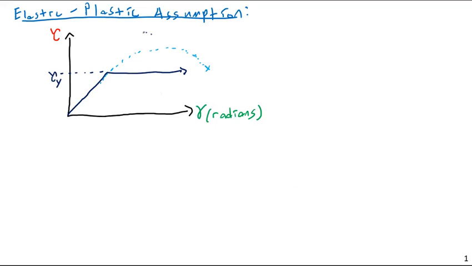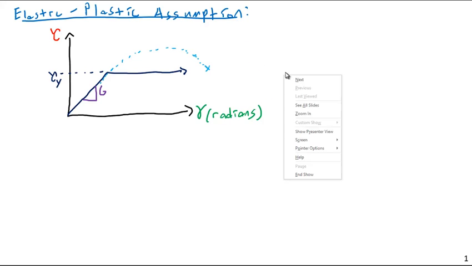At first it may seem, how can you possibly assume this? But you have to remember that this is greatly exaggerated. To draw this properly, I would have to greatly stretch this out many times across the screen. This is not to scale. So a constant stress for increasing strain is actually not a bad approximation for plastic behavior. And the slope of this line is not going to be the modulus of elasticity, but the modulus of rupture.